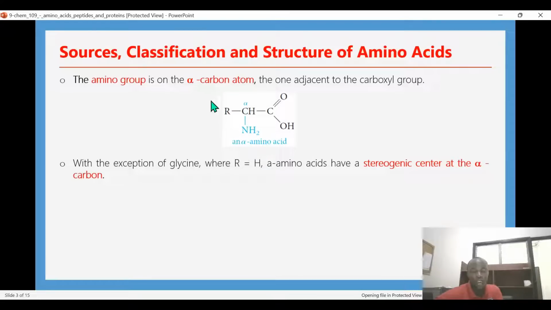If R is a hydrogen, then apart from the free hydrogen, the R group is also a hydrogen, so you can no longer call it a stereogenic center.